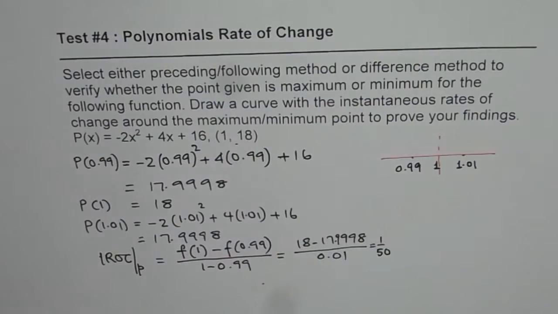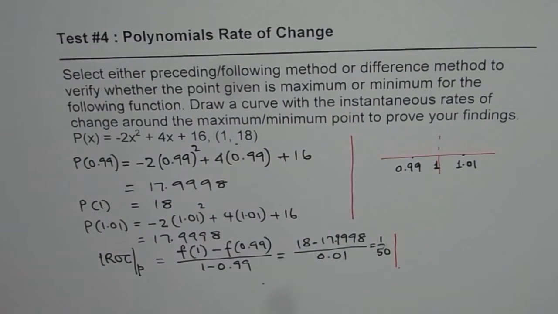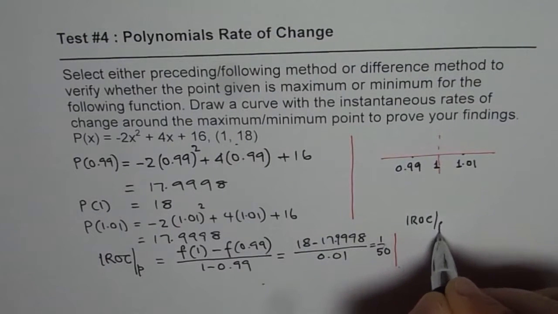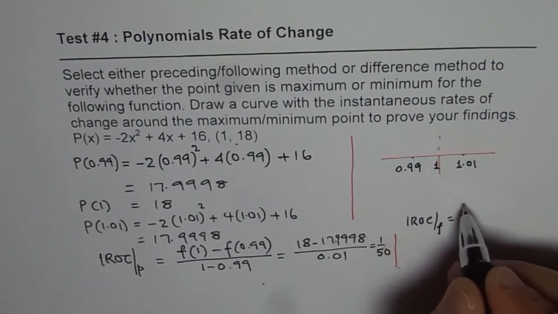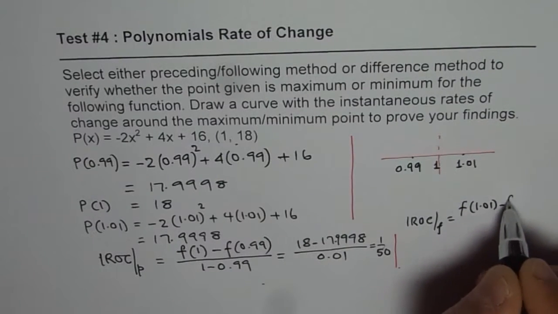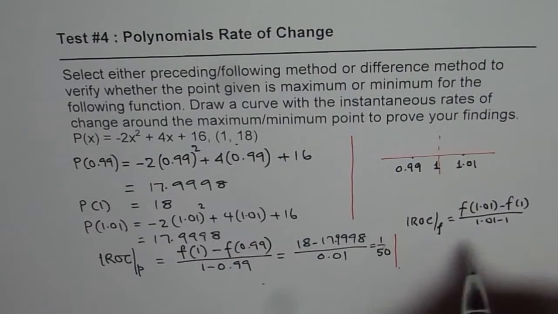Let us also calculate the following. So let me do it on the right side, okay? The rate of change for following is f of 1.01 minus f of 1 divided by 1.01 minus 1, correct?